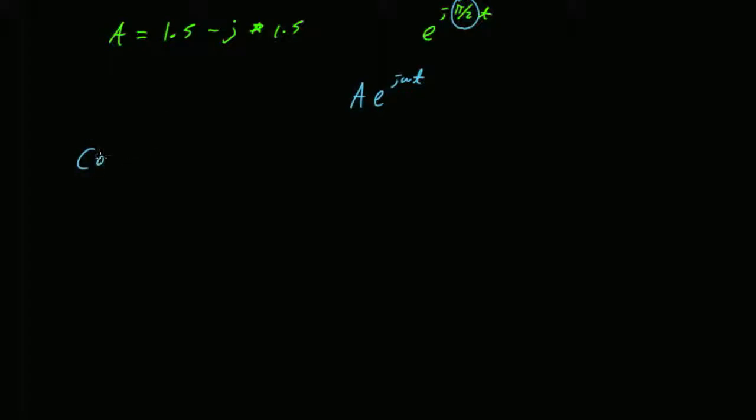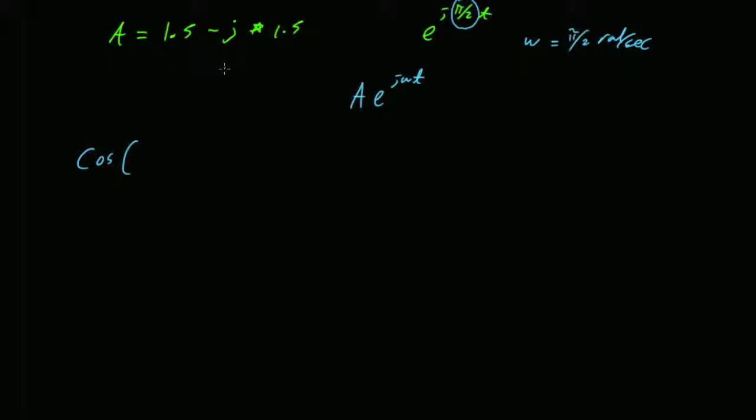The frequency has to be pi over 2 radians per second. Now we have to interpret this A. A tells us the amplitude and the phase, but in order to interpret it, we need to convert it from rectangular into polar.